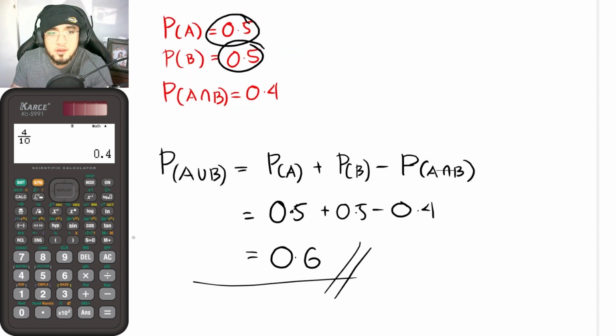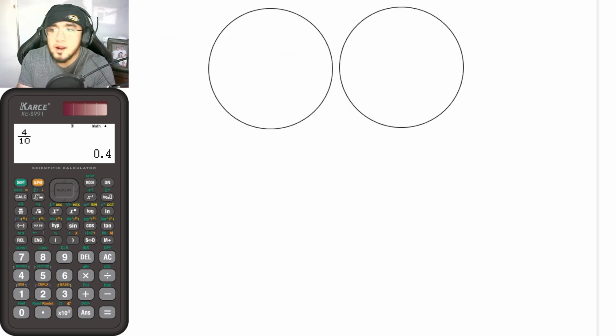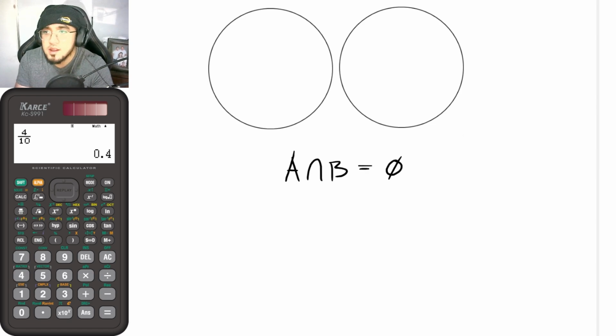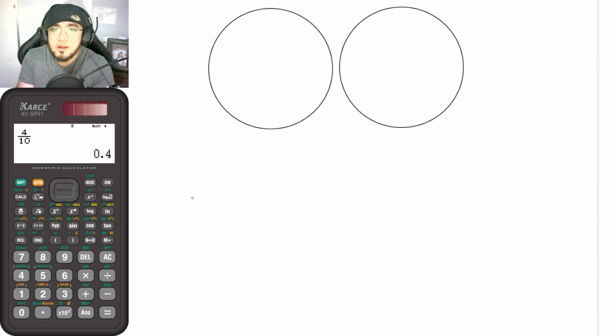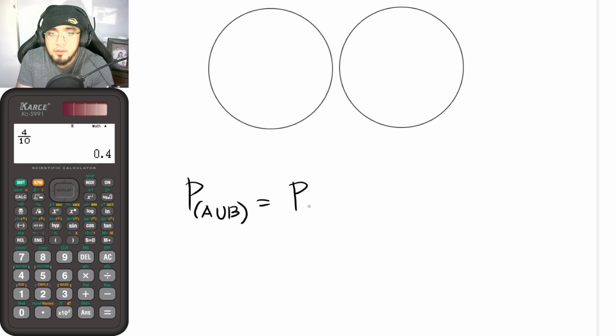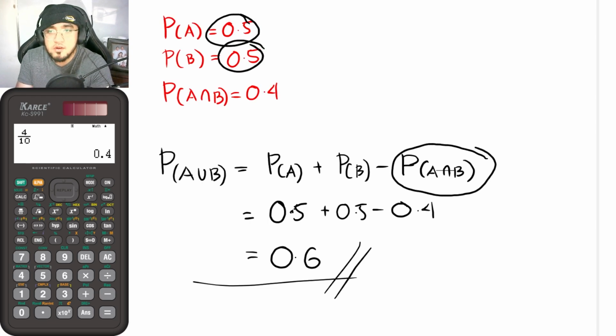Okay, so what if, for example, your Venn diagram would now look like this, whereas you do not have the intersection of A and B. If that is the case, guys, then the probability of A in unity with B is now equal to just the probability of A plus the probability of B, since our value of the intersection of A and B will now be equal to 0.